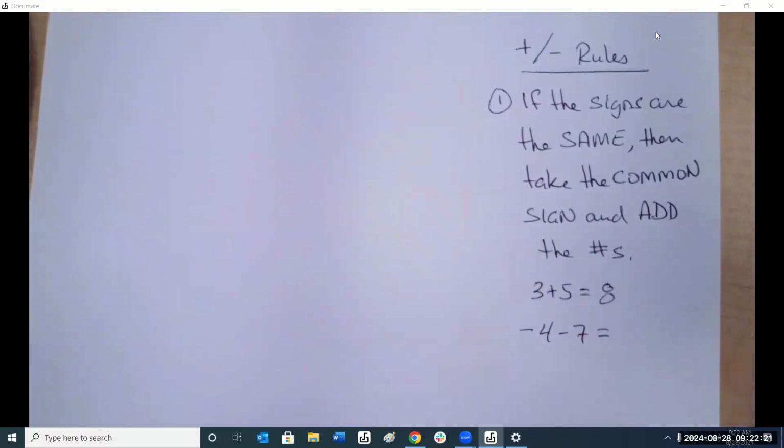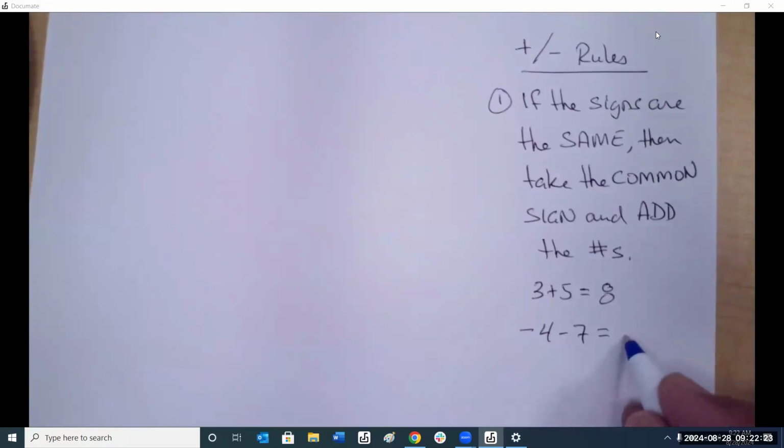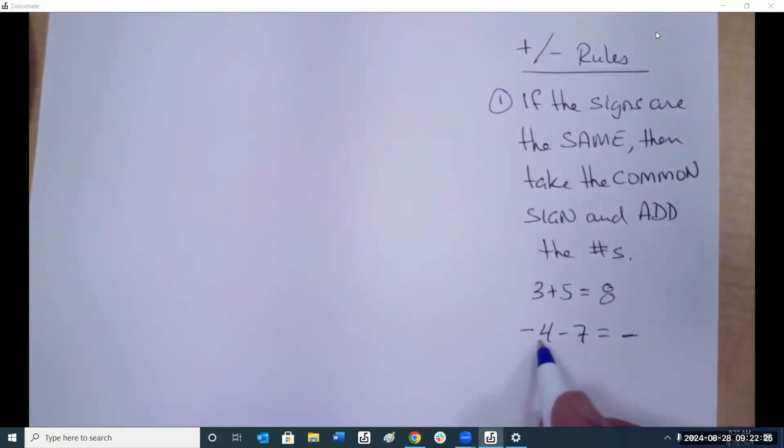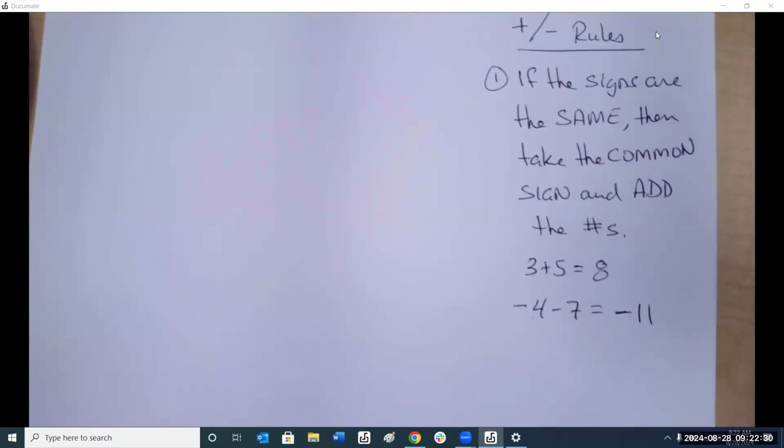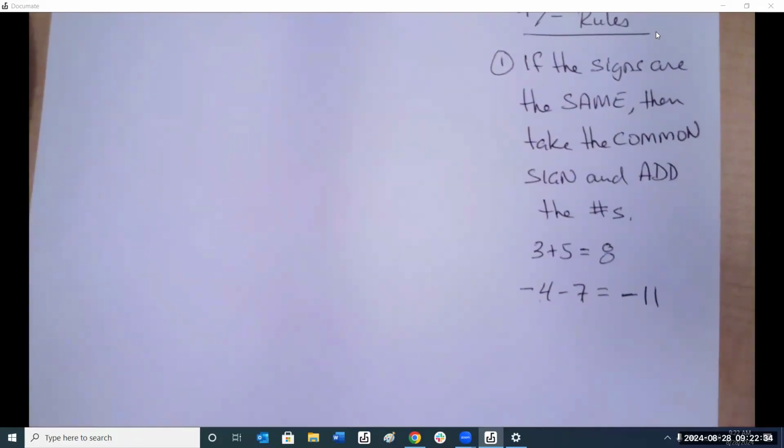They're both negative, so the answer is going to be negative. 7 plus 4 is -11. That's that rule. Always treat your signs and numbers separately. The errors happen when you try to do them both at the same time, you'll get confused. So that's the first rule.